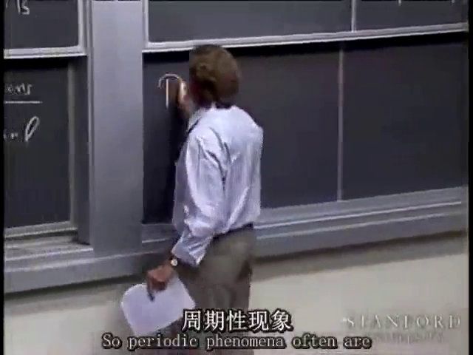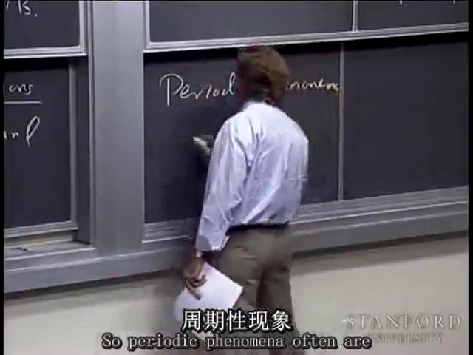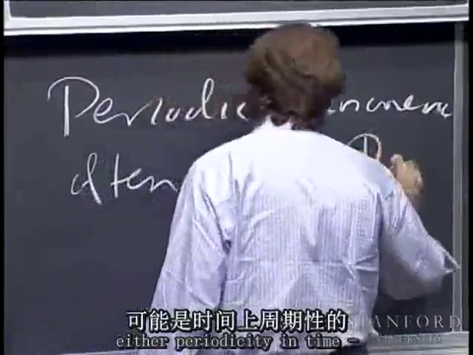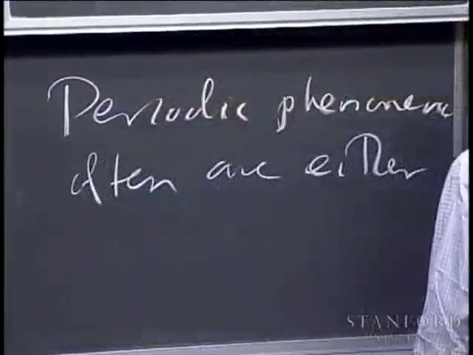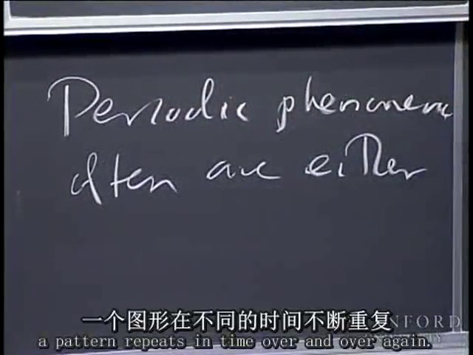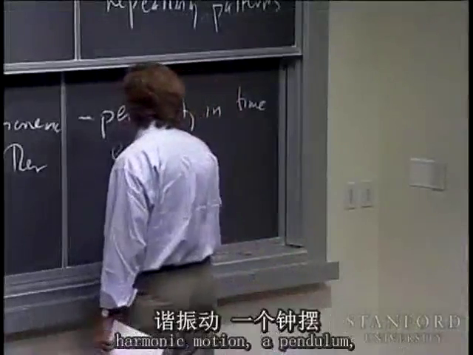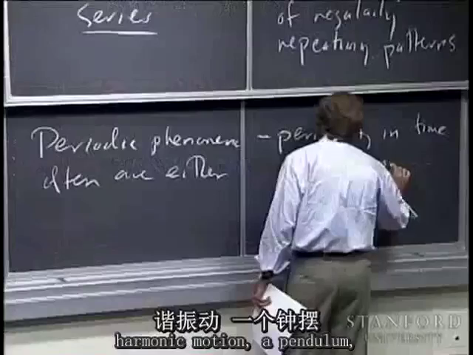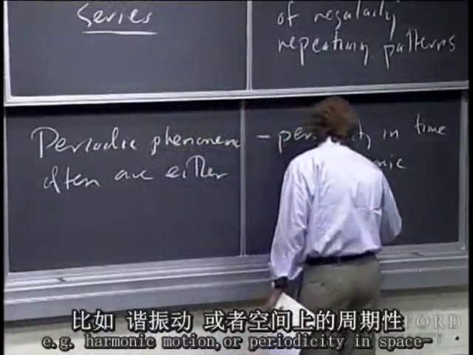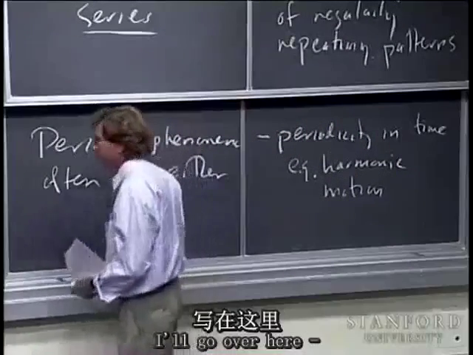So periodic phenomena are often either periodicity in time, where a pattern repeats in time over and over again. You wait long enough and it happens again. For example, harmonic motion, a pendulum, a thing bobbing on a string. Or periodicity in space.